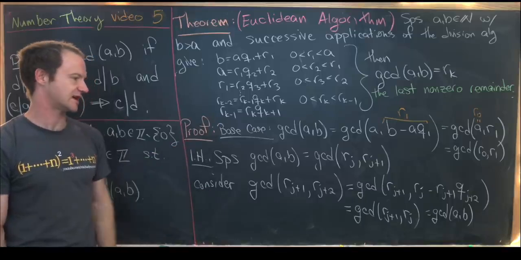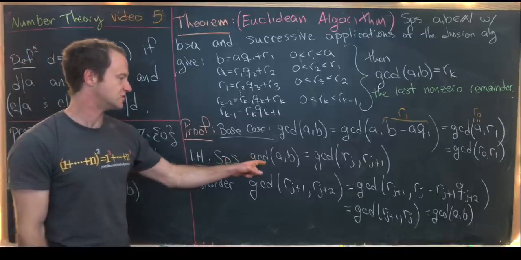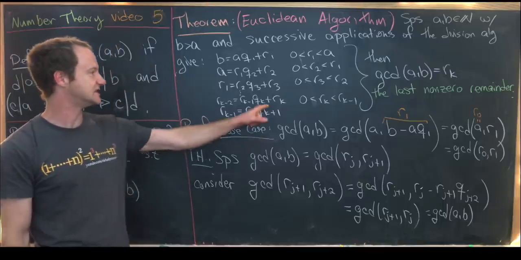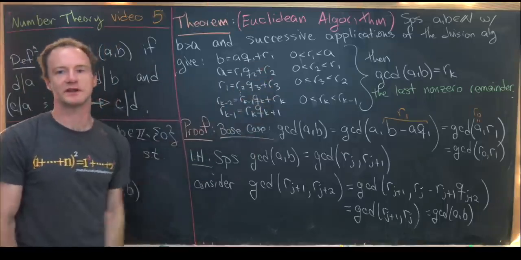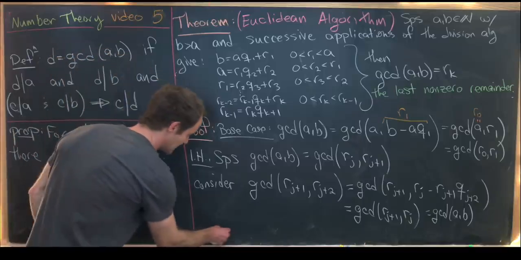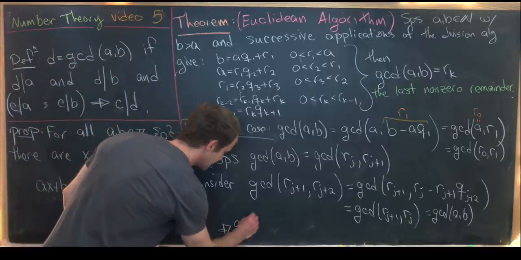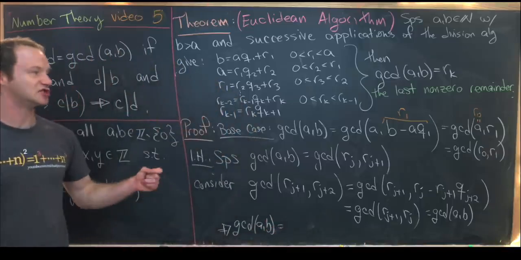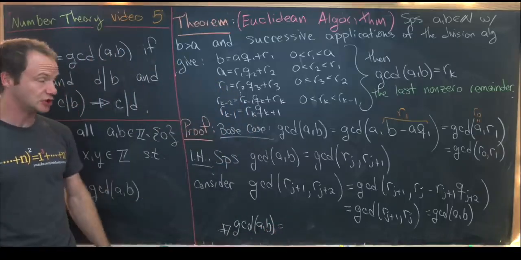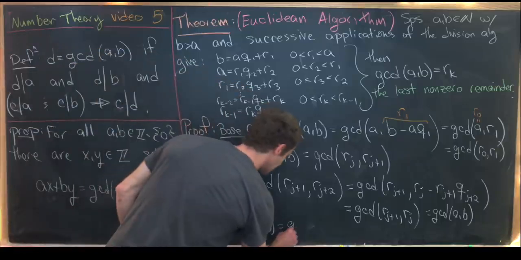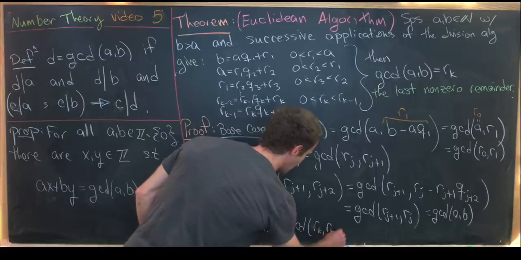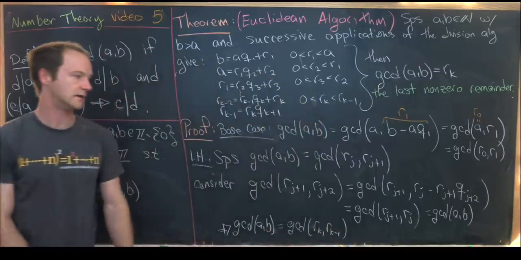Our induction setup has proven that the GCD of A and B is always equal to the GCD of successive remainders. Well, that means that the GCD of A with B is the same thing as the GCD of the last two remainders. So that's going to be the GCD of Rk with Rk minus 1.